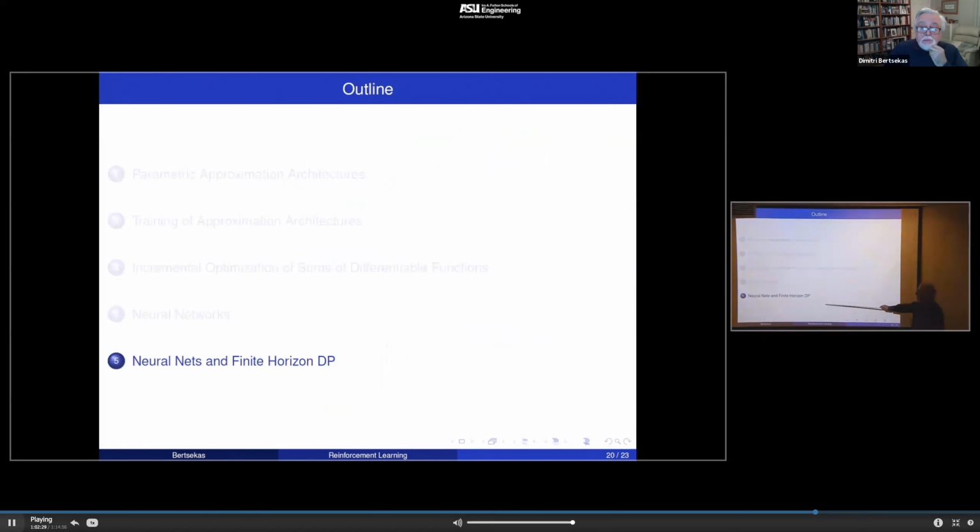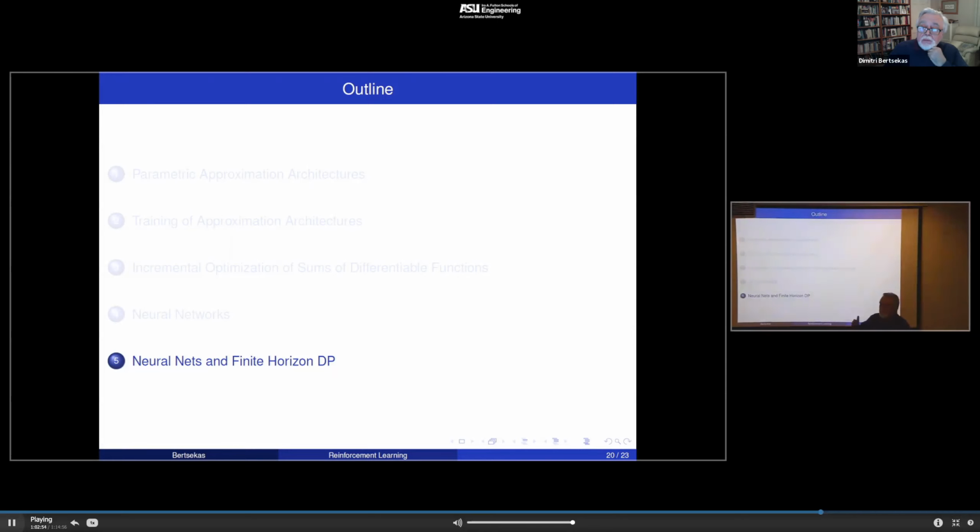Let's go into our final topic for today. We have these neural networks that can do cost function approximation and can be trained with incremental gradient methods and other methods. How do we use them in dynamic programming? In finite horizon dynamic programming. Remember, in dynamic programming, we start at the end and construct cost function approximations.